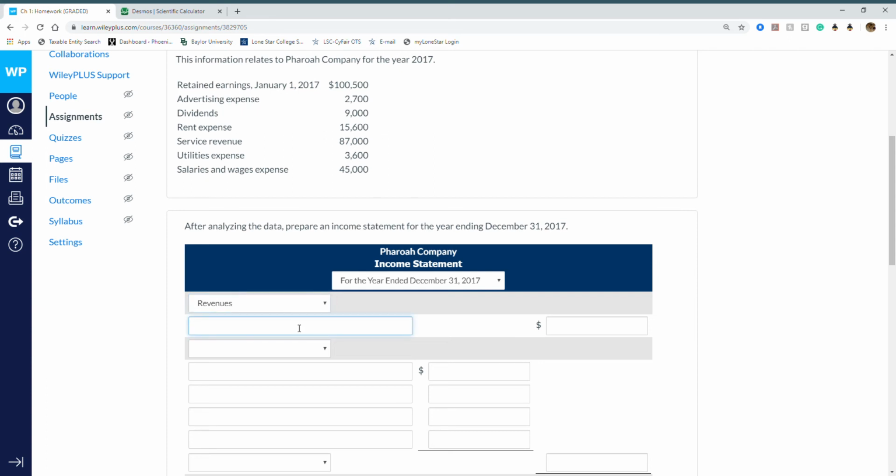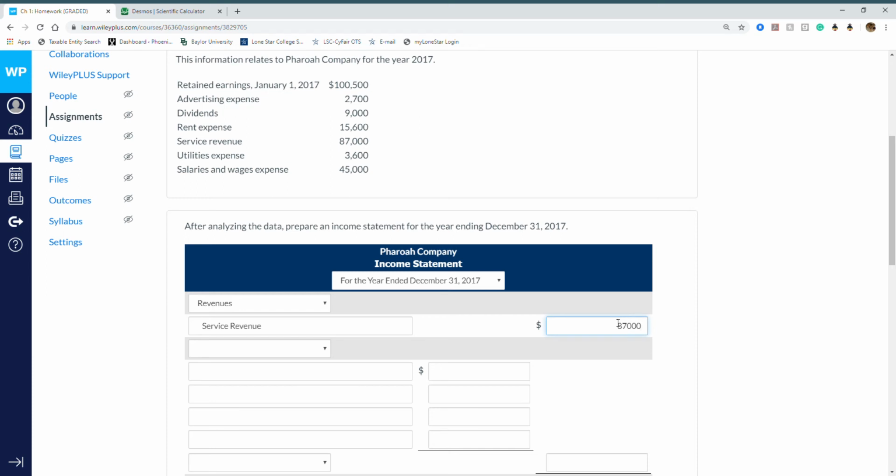Okay? So we only have one revenue this time. In service revenue. Now, as you can see, since we do not have more than one, we can just move it all the way over to the leftmost or rightmost column, and that's it.